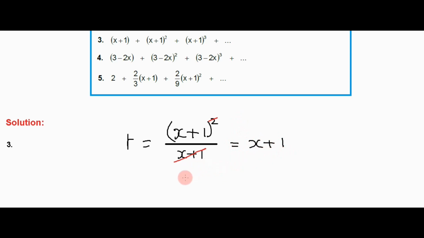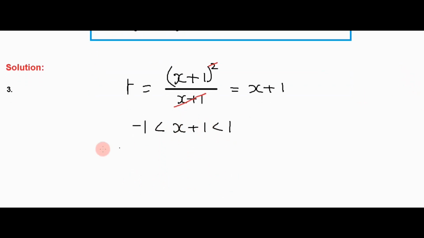So we know that x plus 1, the common ratio, must be greater than -1, but less than +1. We want to isolate the x here, so we can add -1 through. This is the same as subtracting 1 through. So -1 minus 1 is -2. Here, the +1 will cancel with the -1, and we're left with x. Then 1 minus 1 is 0. So for the series to converge, x must be between -2 and 0.